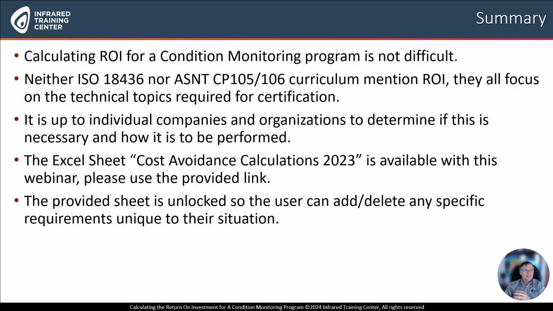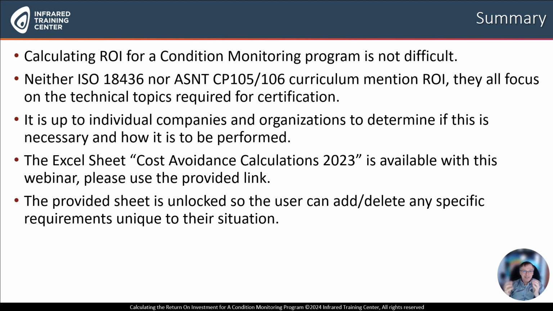Okay, so as a summary here, calculating return on investment for a condition monitoring program is not impossible. It's somewhat difficult. But neither ISO 18436, which is condition monitoring, nor the ASNT CP 105 or 106 curriculum mention return on investment.